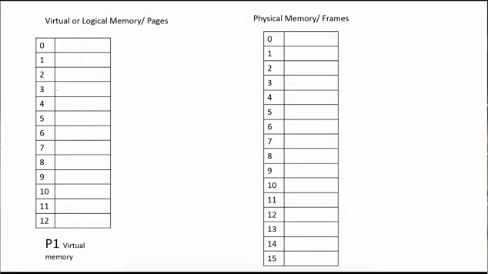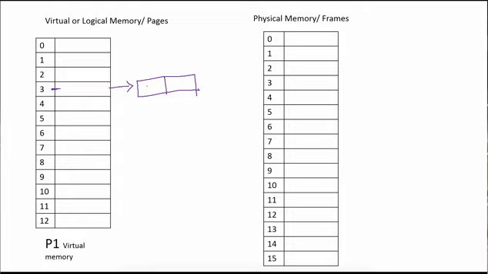So say, for example, your system needed something right here that's on page 3. You can see that it's located on page 3, but it's not at the beginning of page 3. It's somewhere within the page. So your system will generate what's called a logical address, and that logical address will be made up of two parts.